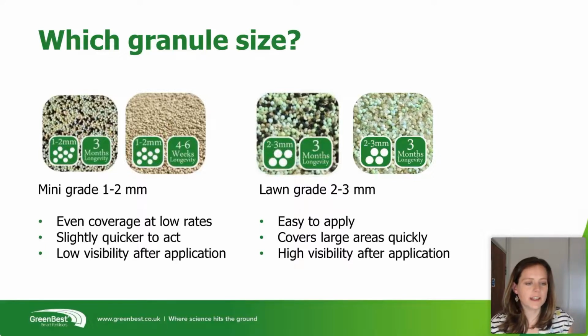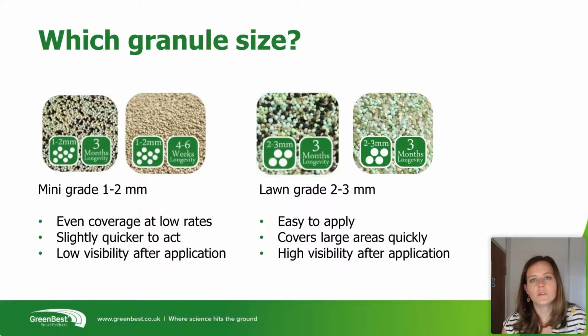The one example is the black and green, which is a high iron fertilizer, and that's only available in the mini grade, because with iron products, if you apply larger granules you get less granules per square metre, and you get more chance of speckling. So with an iron product, we tend to only go for the smaller granules to get much more even coverage. So they both have their plus sides.